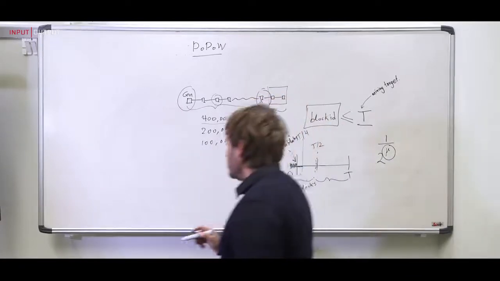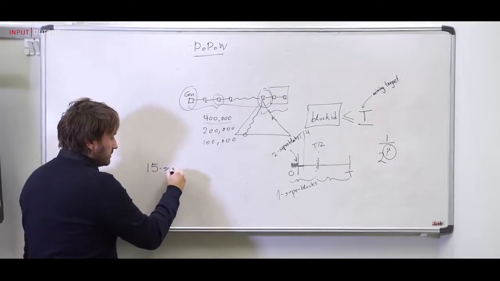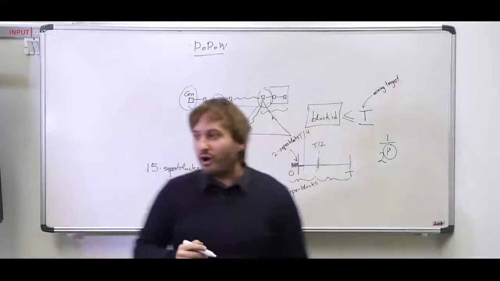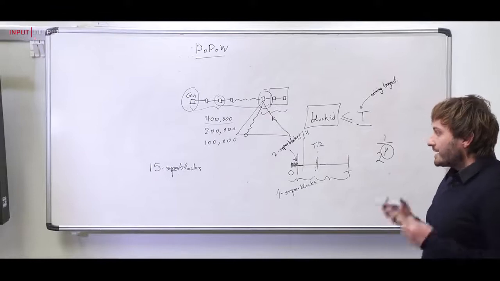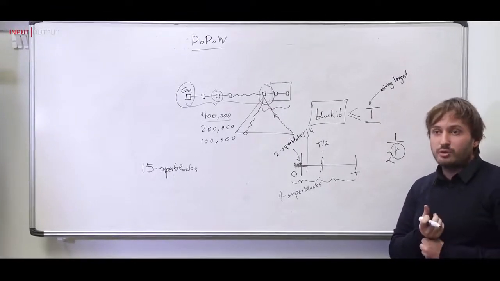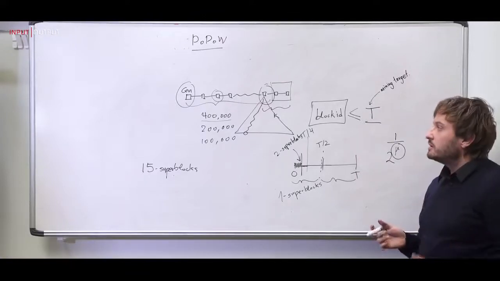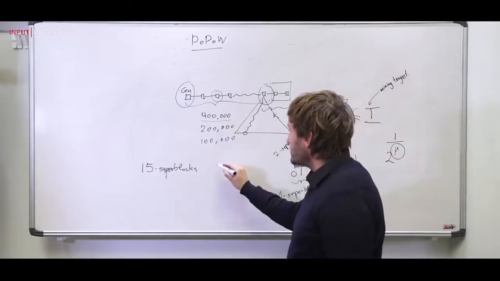But if I'm looking at, let's say, level 15 of superblocks, then there's very few blocks that are 15 superblocks. Somehow these superblocks capture a lot of proof of work within them because they're very lucky blocks. They happen only occasionally. So within 400,000 blocks, we could have maybe just 10 level 15 superblocks.